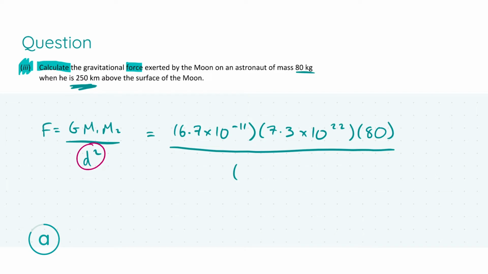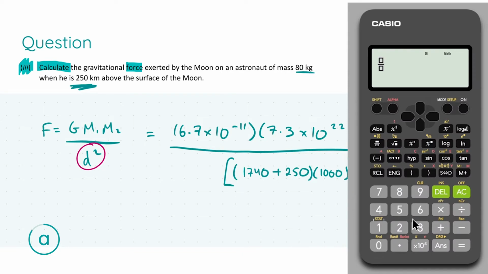So we have to add on a little bit more. We're going to have 1,740 kilometers, which is the radius of the moon, add on our 250, and then multiply that by 1,000, because as always we have to convert to meters, and then finally we square all that. That's how I would write it out generally, and then all we have to do is plug that into our calculator.